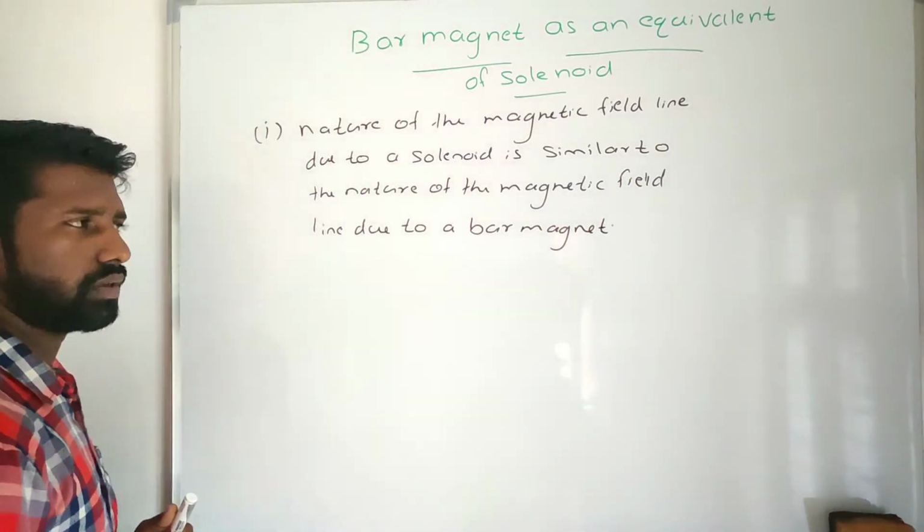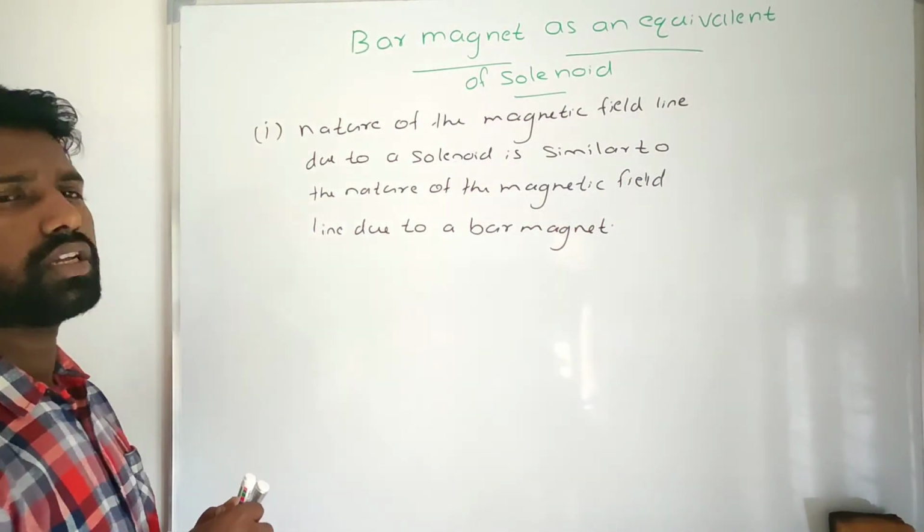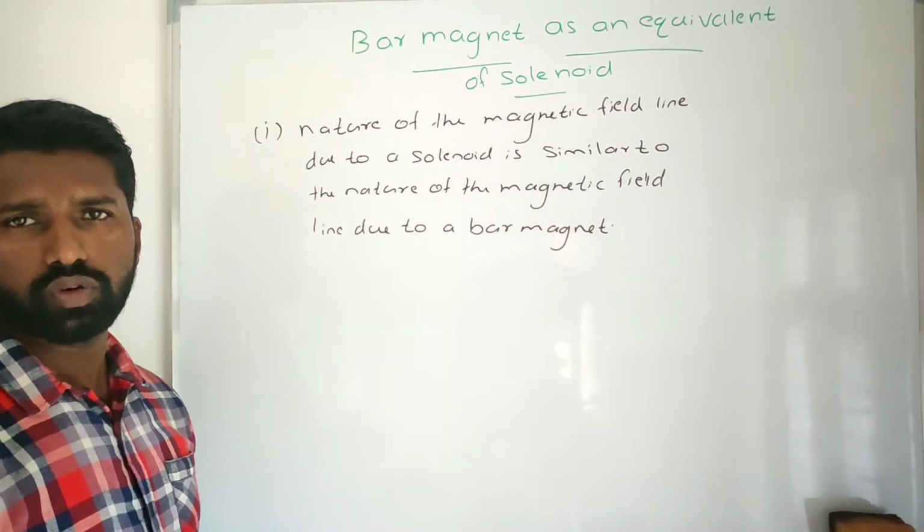What is the nature of the magnetic field produced by a solenoid?